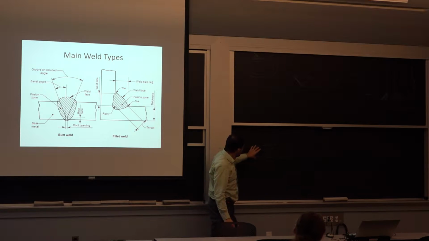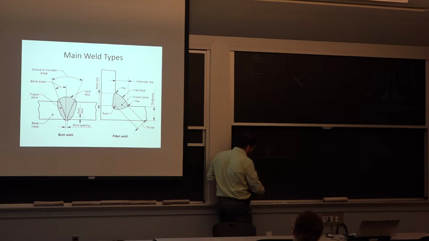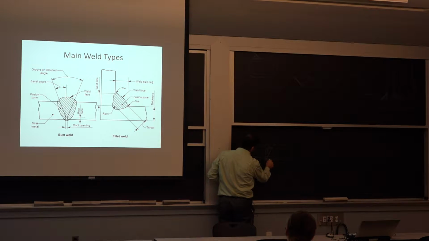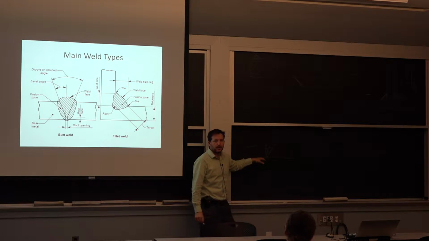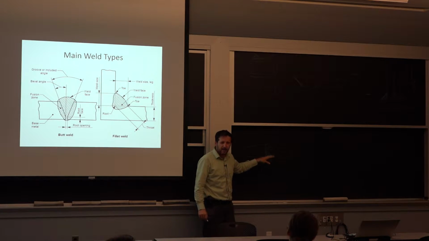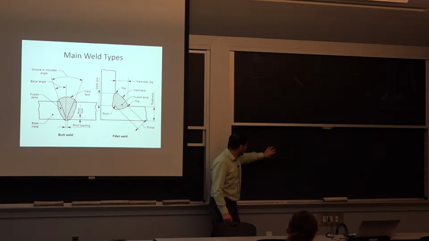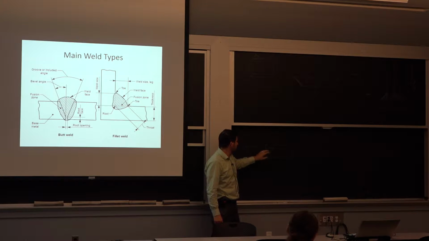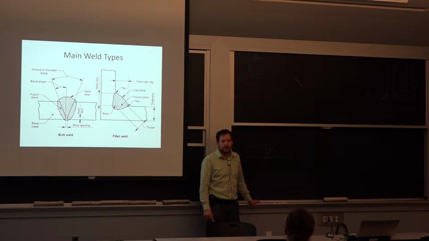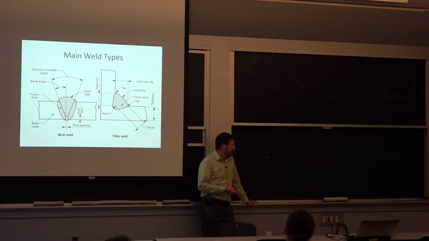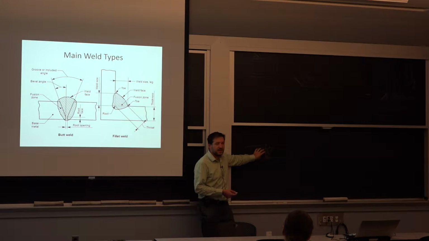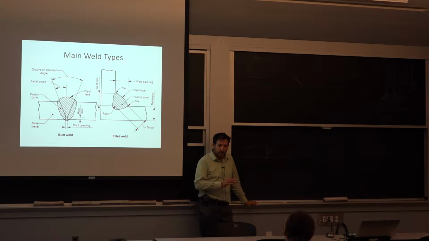Now, we can probably see right away that when this is done, and depending on the quality level, the root here can be done from the other side, or it can be ground flush, it can be shielded, you can put a backing bar. So there's just a lot going on here, because these joints, a lot of times, especially if you're building like a nuclear structure or something that is going to be used in a very reliable way, you can make these joints have the same strength allowable as the base metal, if they're done completely correctly.